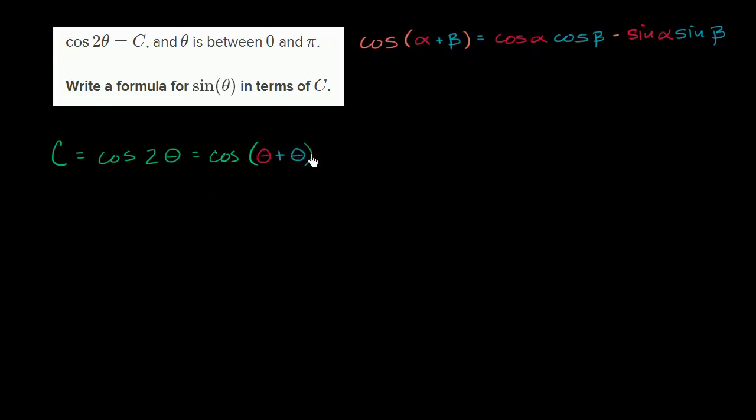This is going to be equal to cosine of theta times cosine of theta minus sine of theta times sine of theta, which is equal to cosine squared theta minus sine squared theta.